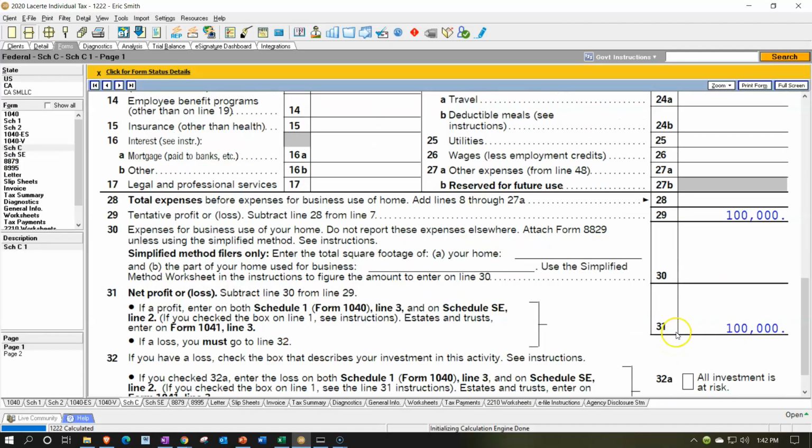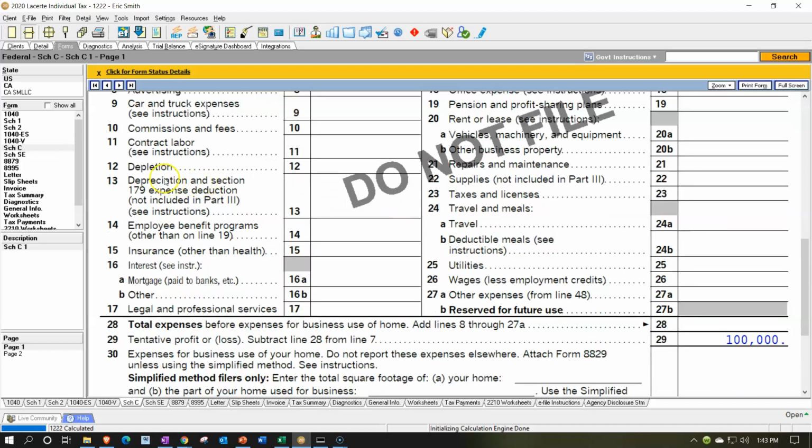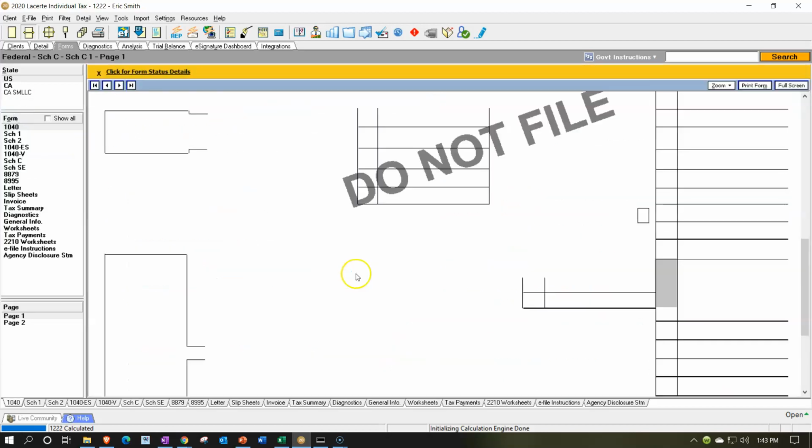So by not including it on this schedule, that means it's not going to be deductible for self-employment, meaning you're going to pay Social Security and Medicare on it in essence, but we'll take it out with regards to the federal income tax calculation. So that's one rationale for why that might be the case. Then we'll bring it back over, and that's going to be the standard process.